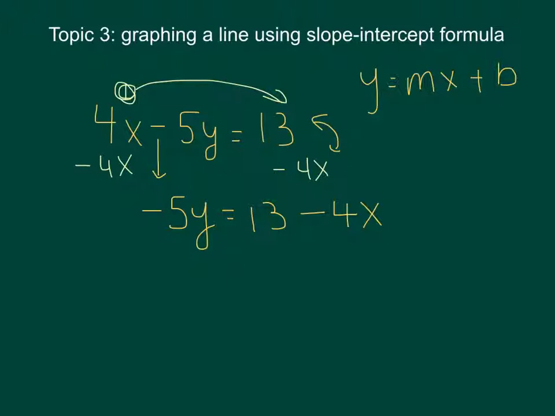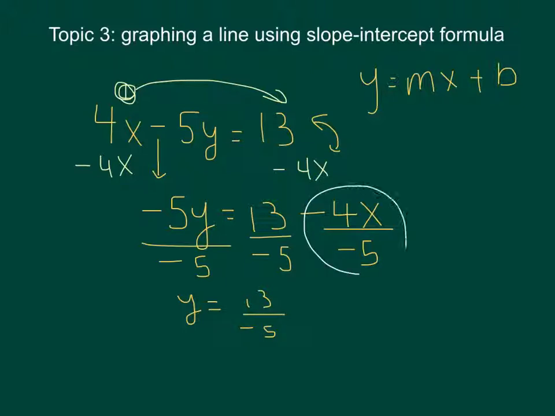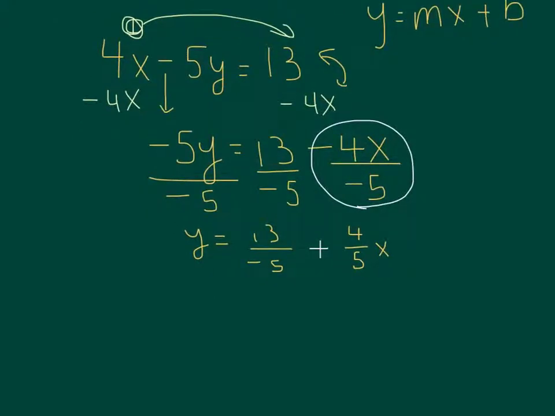Finally, I'm going to divide through by -5 because I want to get just one y. So I have y equals 13 over -5. Now watch this. It's a negative divided by a negative, so I'm actually going to have a positive 4 over 5x. Now my last step, to make it a little easier for some people, is to rewrite this a little bit nicer.